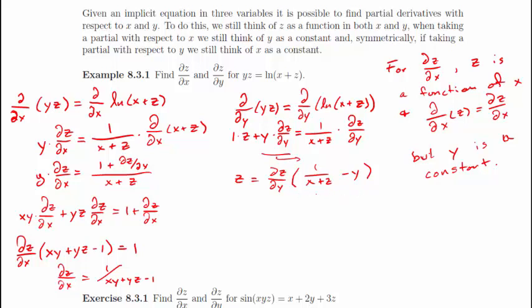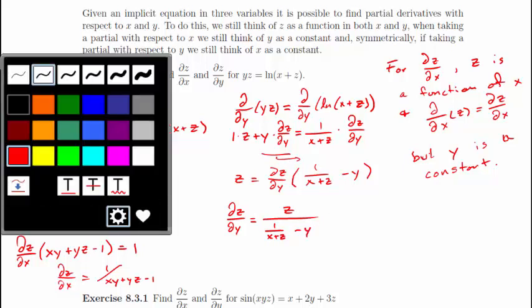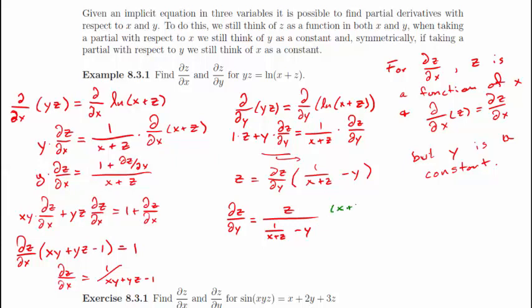So I brought this over and then factored out the partial of z with respect to y from both terms to get this, and now I can divide this over to the other side and get the partial of z with respect to y equals z over 1 over x plus z minus y. And I'm going to go ahead and multiply top and bottom by x plus z to clear my complex fraction real quick.